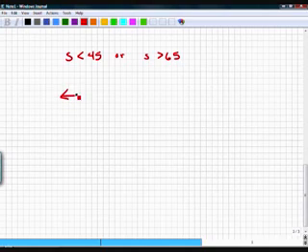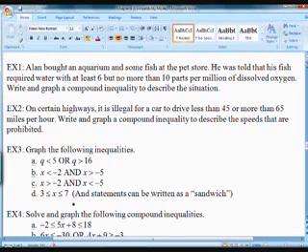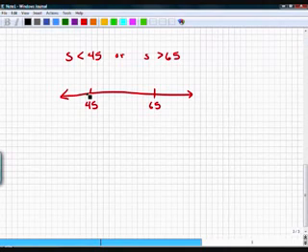Let's graph that. Perfect. 45 down, S is less than 45. Did it say less than or equal to? On a certain highway, it is illegal to drive a car less than 45. So anything less than 45 is illegal. Makes sense. You can't drive any of those speeds.